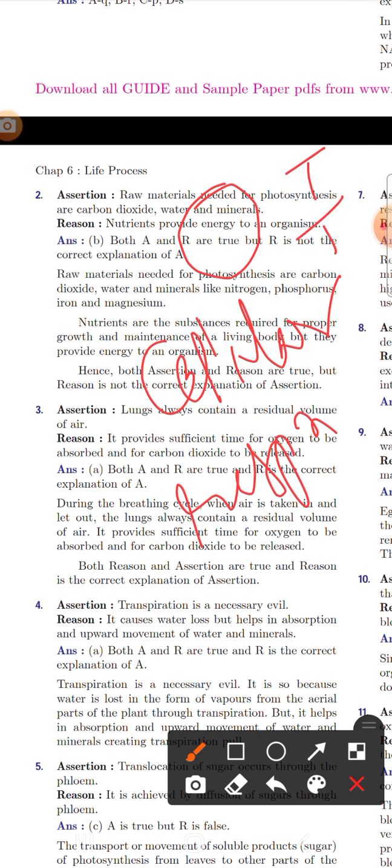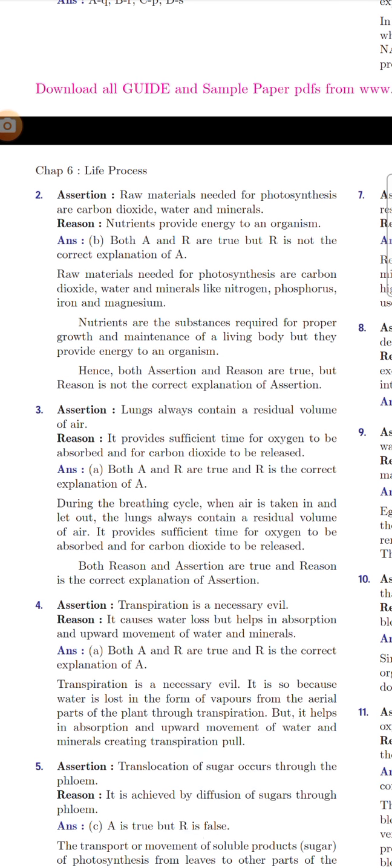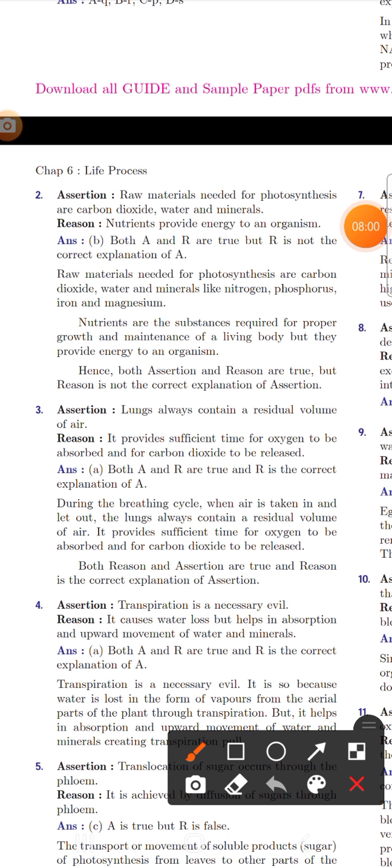But now concentrate. Both the statements are true. Now what you need to do? Check: is the reason explaining the assertion? In assertion, you are speaking about photosynthesis. In reason, you are speaking about all kinds of organisms.